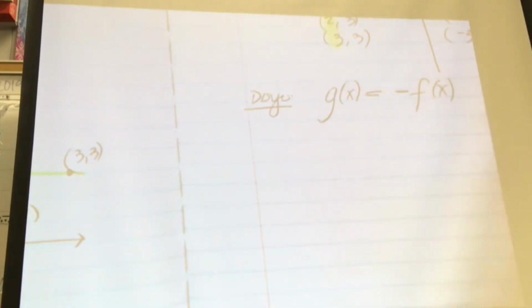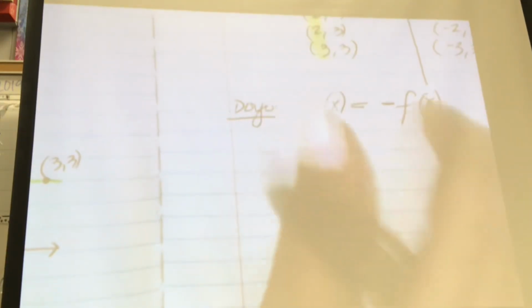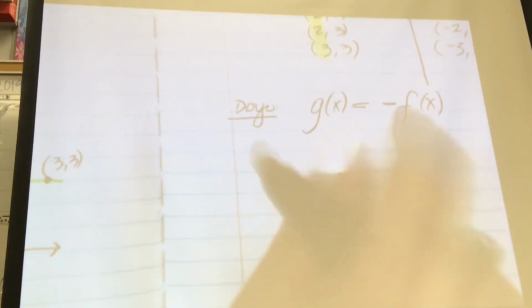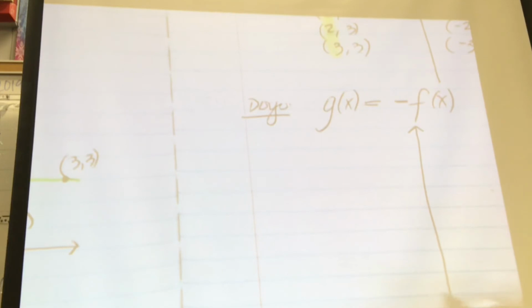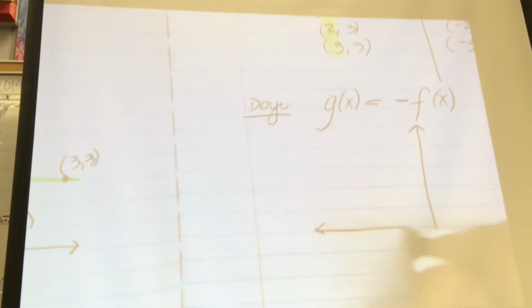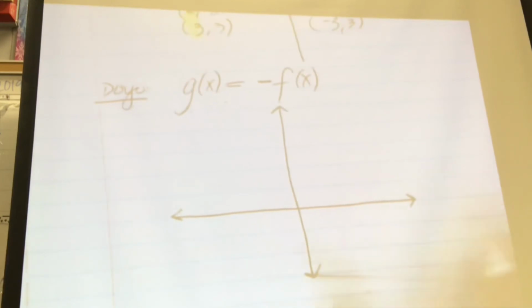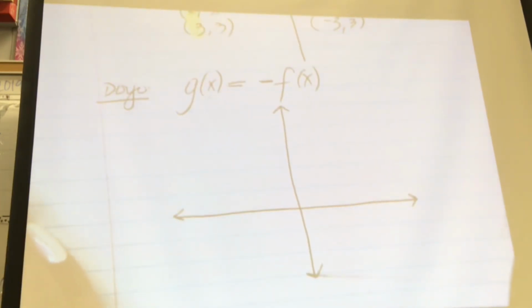This time, g of x is equal to negative f of x. Gee, I wonder what letter is going to change this time. Look at your notes from yesterday. Make sure you're right. Then I'm going to draw a figure, and you're going to reflect it.